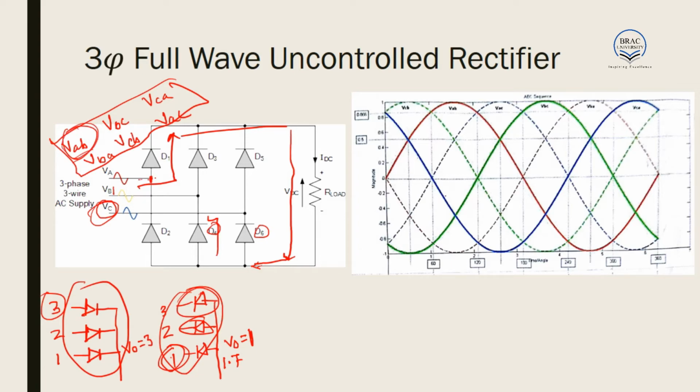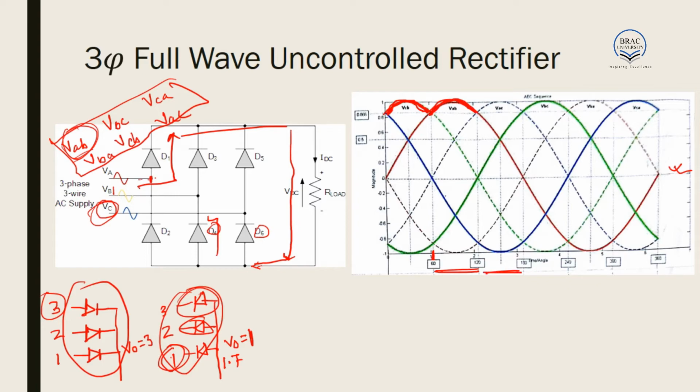So what does it mean? It means that if we see a three-phase line to line voltage curve over here, we have VCB. From 0 to 60 degree, VCB has the highest value, so the output will follow VCB. From 60 degree to 120 degree, VAB has the highest value, so the output will follow VAB.